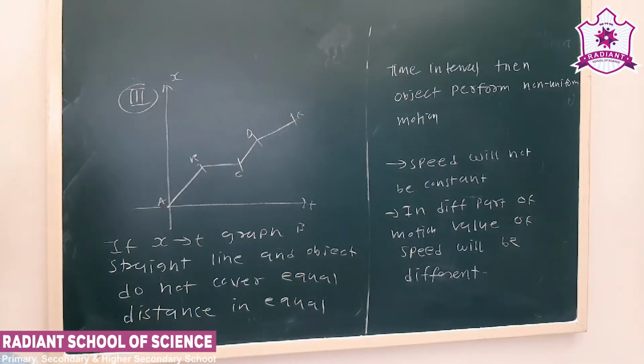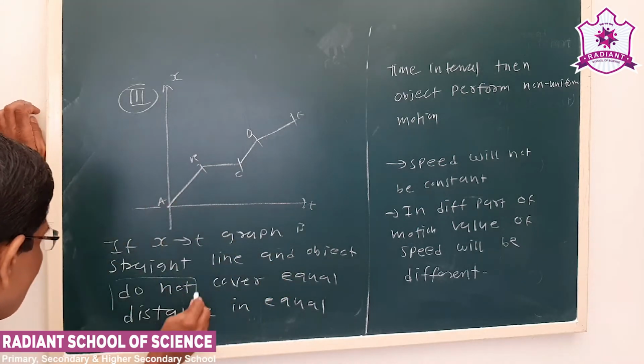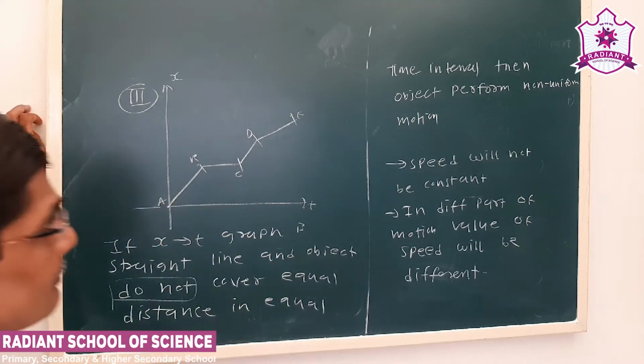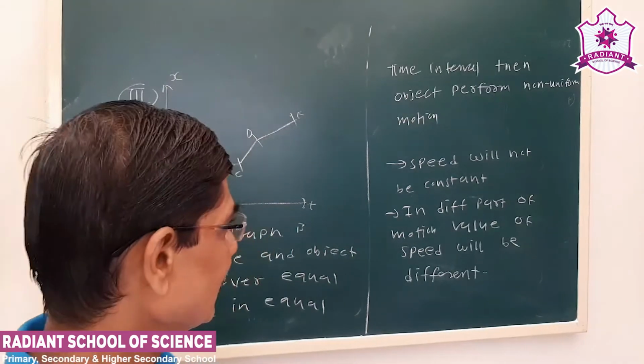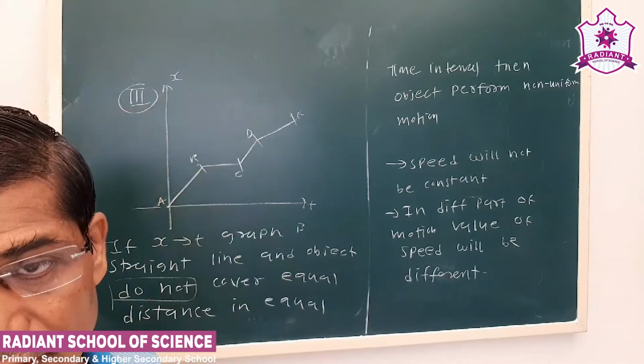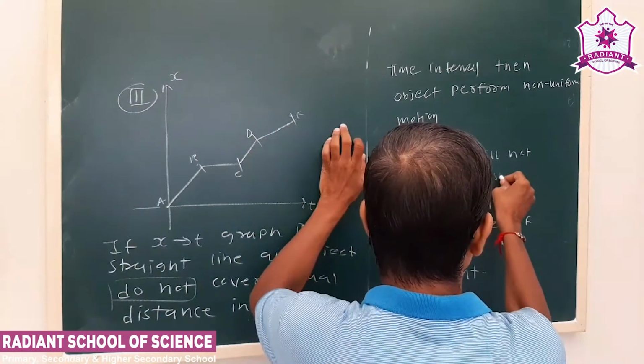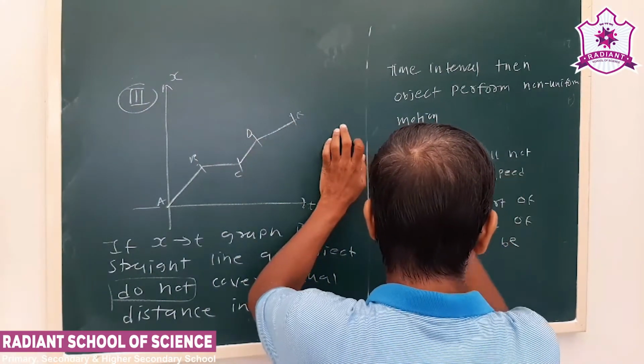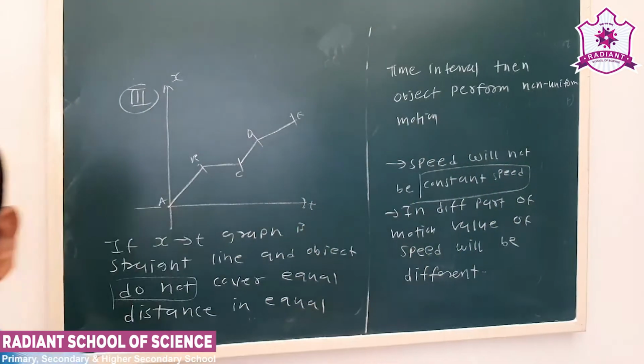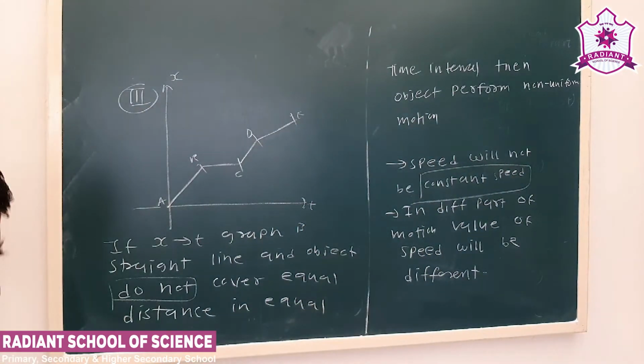In the third graph, if the x versus t graph is a straight line and the object does not cover equal distance in equal time intervals, the ratio will be different for different parts, so speed will not be constant. So this was about the x versus t graph.